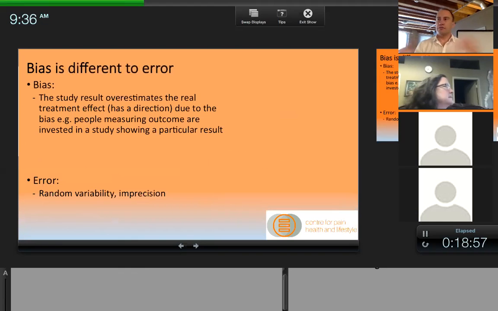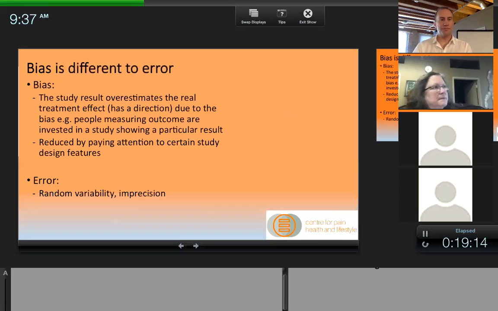But error is different. Okay, so that's a random variability. It's an imprecision so you might have a measure which is unreliable. So sometimes it's going to be overestimate and sometimes it's going to underestimate. So the bias and error are two different things.